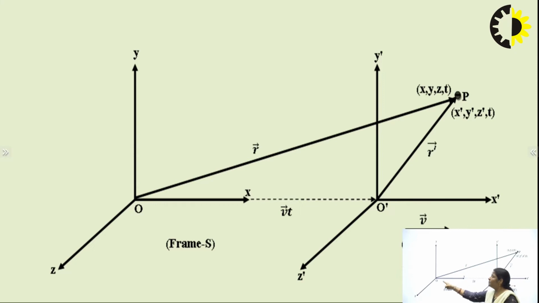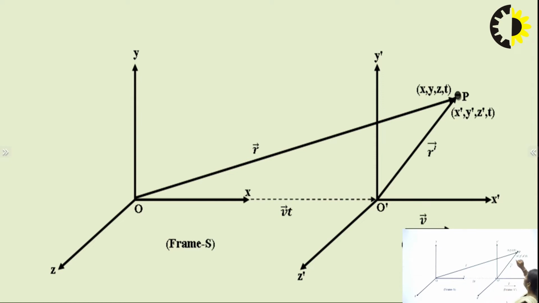So, this observer is saying that in time T, the frame S dash has travelled a distance Vt in the positive x direction. Now, what else is the information taken by the S frame observer?